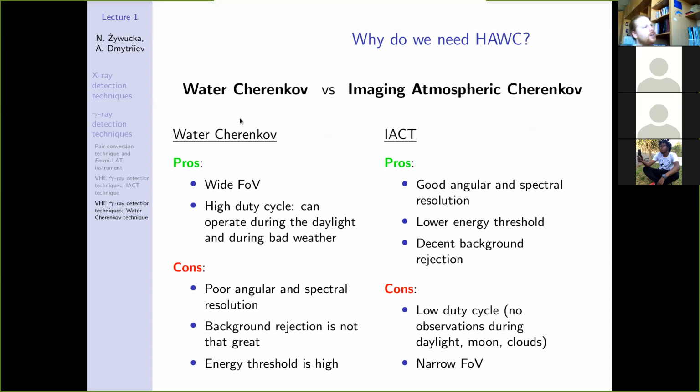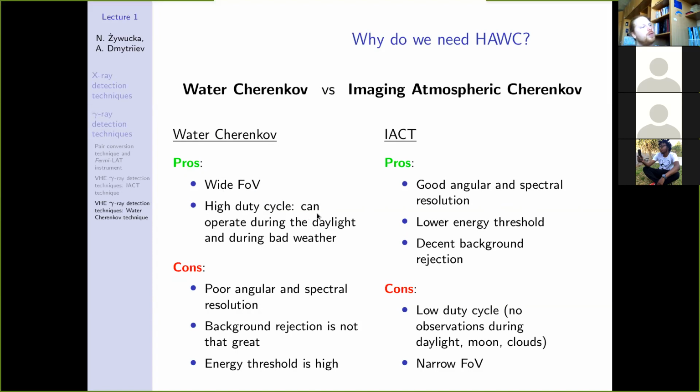So for the water Cherenkov technique, what strengths do you have? You have a wide field of view, so you can see many sources at the same time, like Fermi-LAT. That means you can collect much more data over many sources at the same time. And the water Cherenkov technique also has a very major advantage, which is high duty cycle.